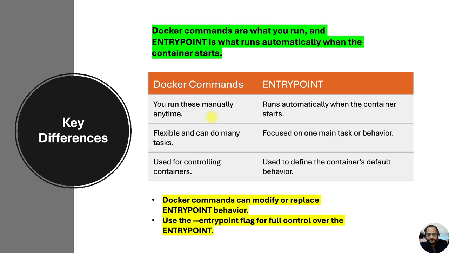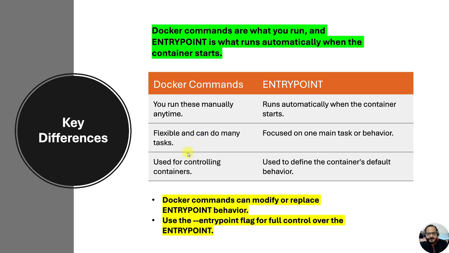For example, if I have to install pip, or install Python, then we specify a command in our Dockerfile, and once the command is executed, the process exits. In entry point, it runs automatically when the container starts. Docker commands are flexible and can do many tasks, but entry point is more focused on the behavior of your container, like what main task it should perform when it starts.